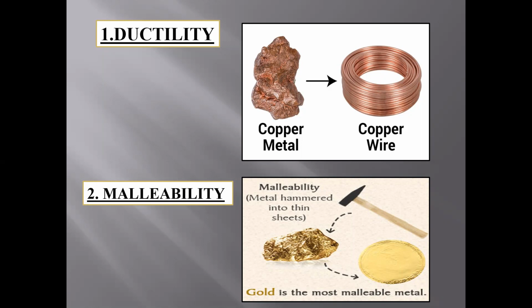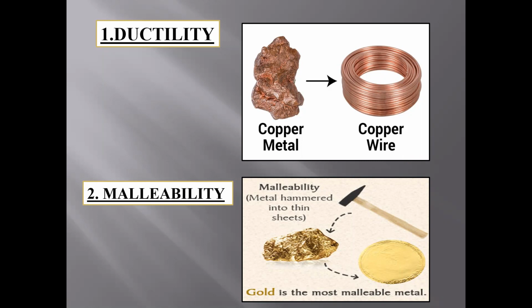For example, other than copper, gold, silver, aluminium, tungsten are the most ductile metals. Next is malleability. Malleability means, students, they can be beaten into sheets without breaking.